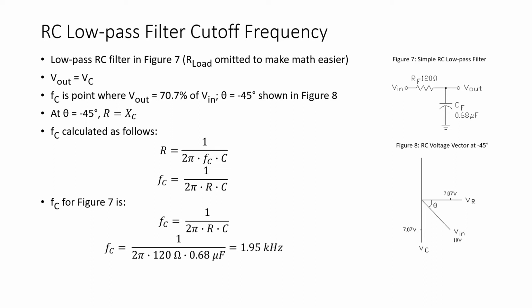So the cutoff frequency for the circuit of Figure 7 is calculated at F sub C equals 1 over 2 pi RC, which equals 1.95 kilohertz.